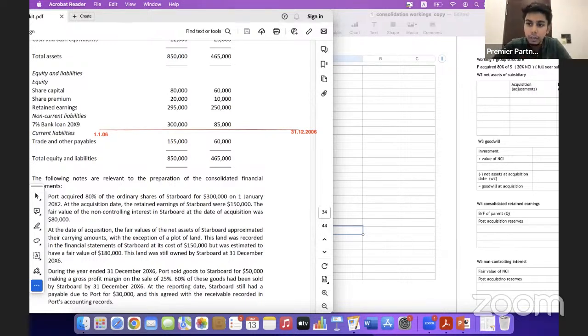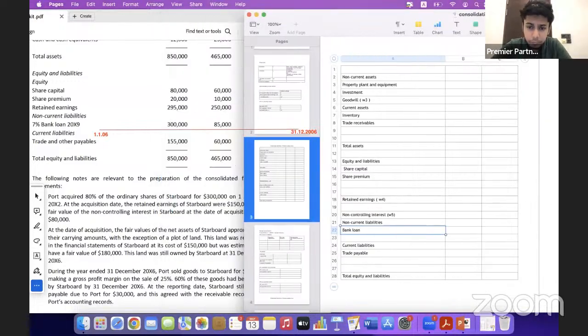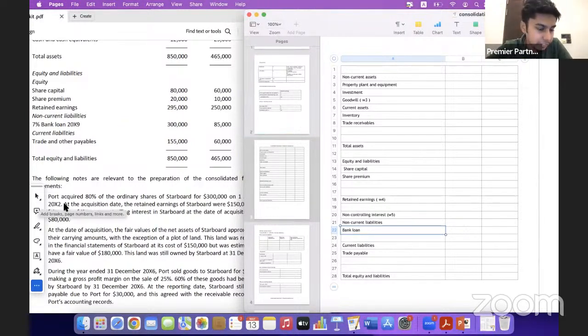Okay. Now, guys, remember over here, our exam paper requested a few things: PPE, inventory, trade receivable. So what you need to remember, guys, is that in consolidation, they're asking PPE, inventory, trade receivable. These are assets.